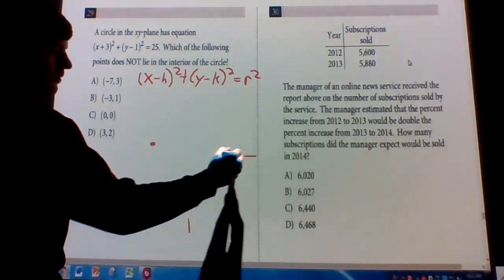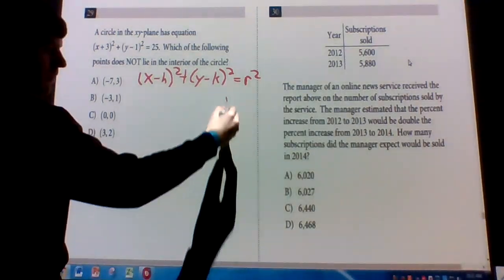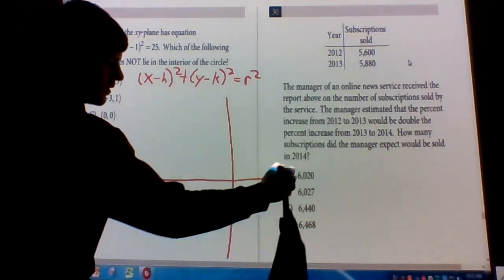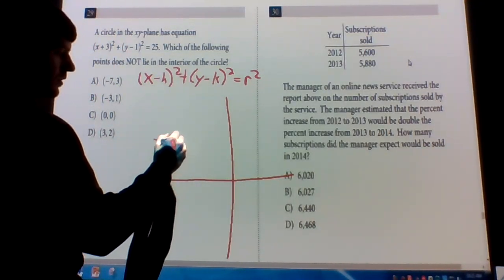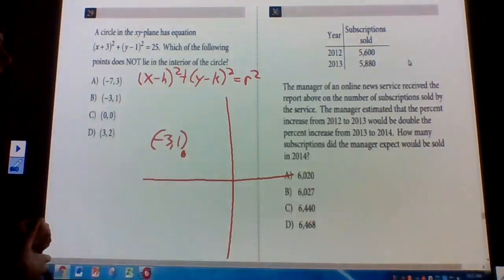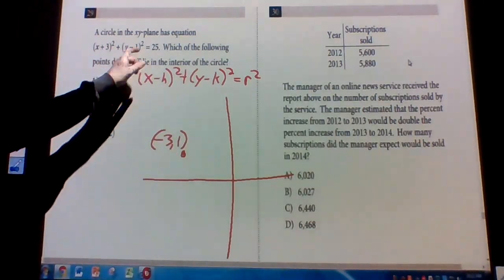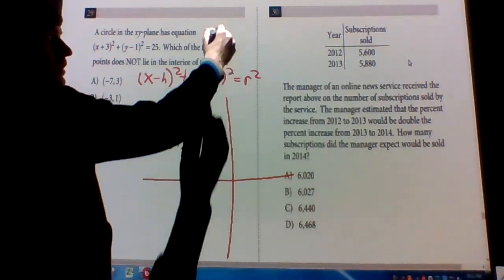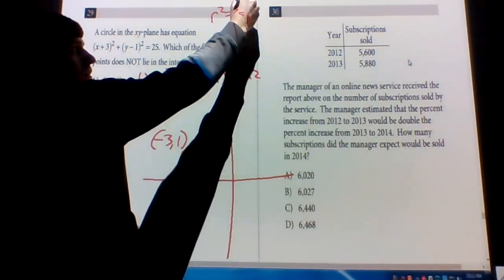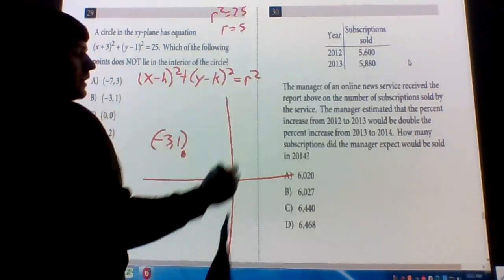Let's draw this again. Right, so negative 3, 1 is the center of your circle. Okay, negative 3, positive 1. The radius is going to be 5, right? R squared equals 25. That means r is going to equal 5.